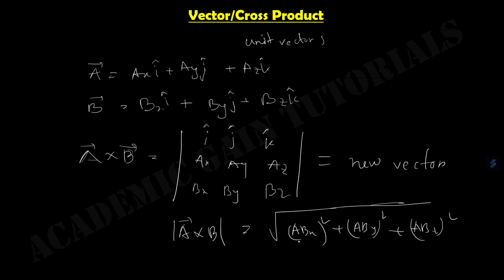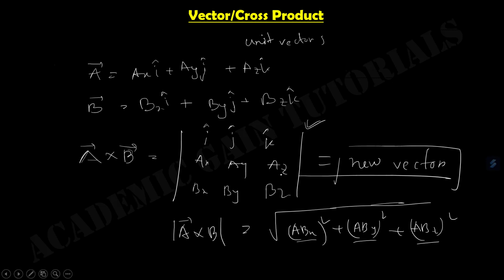We can find this ABX, ABY, ABZ from the new vector. When we calculate this determinant, we get a new vector, and with the help of this new vector, we will find the magnitude of A cross B.